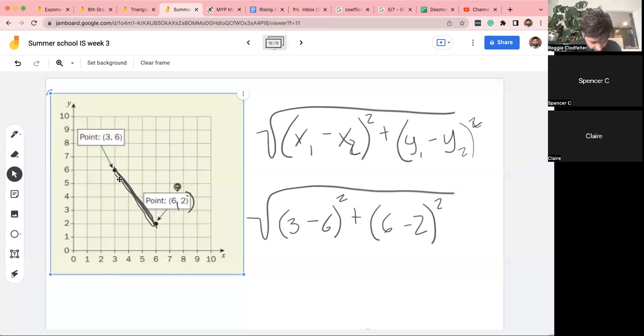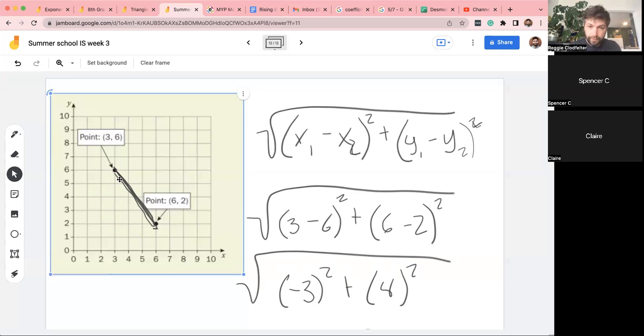Remember, when we used the Pythagorean theorem to find this distance, we first figured out the horizontal distance was 3 and the vertical distance was 4, and we plugged that into the Pythagorean theorem. Well, that's essentially what we're doing here. 3 minus 6 is -3 squared, plus 6 minus 2 is 4 squared. -3 squared is -3 times -3, which is 9.